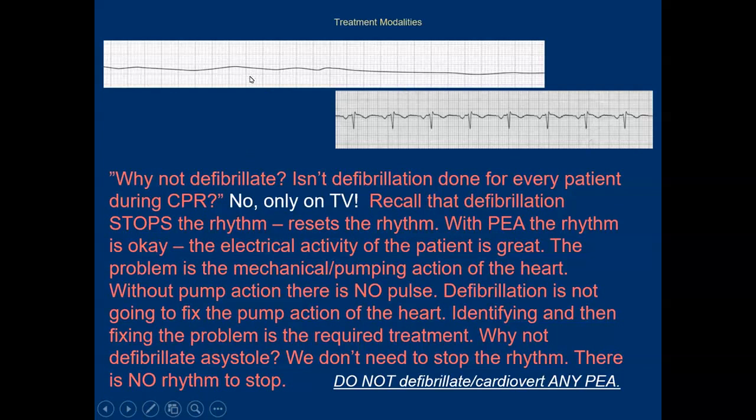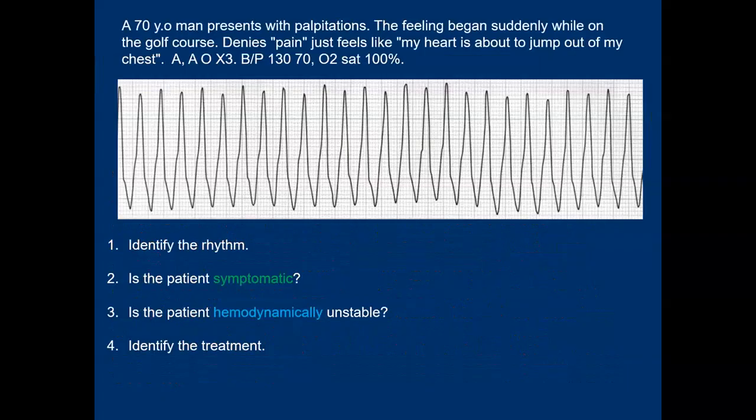So defibrillation is not going to fix the pump action problem because of the lack of cardiac output. You've got to figure out what problem is causing the lack of cardiac output. So again, never, ever do we defibrillate or cardiovert PEA or asystole.